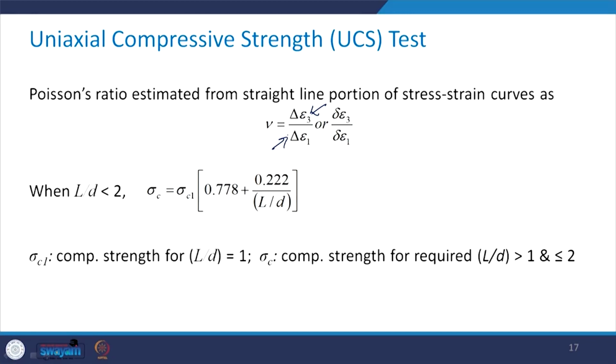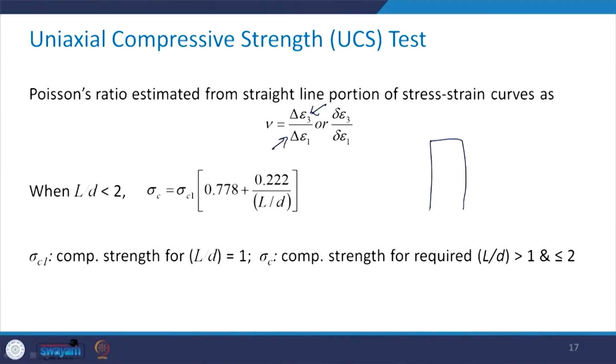Now, sometimes it may not be possible to get the specimen with L by D equal to 2 or more than 2. You see, this is your L dimension and this dimension is D. The ISRM guideline is that this L by D should vary between 2 to 3.